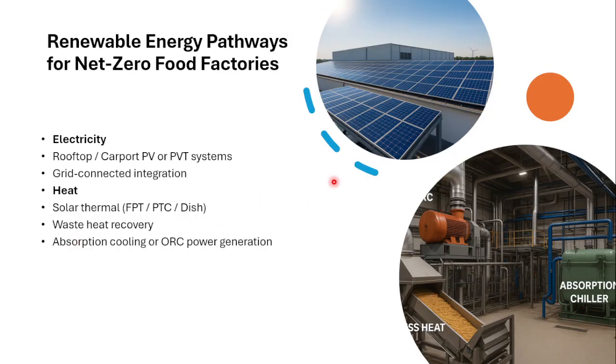If you use the heat in the condenser of the absorption chiller, you can produce cooling. Also, in some cases, high temperature waste heat can be converted into electricity using an organic Rankine cycle, or ORC system. The main idea is integration: electricity, heating, and cooling should be managed together as one energy system.